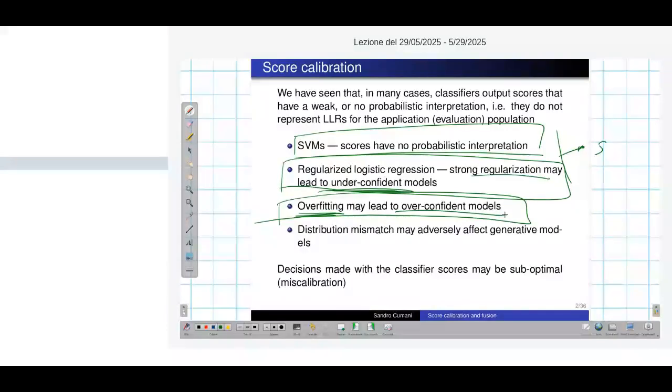The prior probability for one class when we have overfitting tends to become much larger than it should be. Or, to avoid overfitting, we may add regularization, but if we regularize too much, then our models may become underconfident.